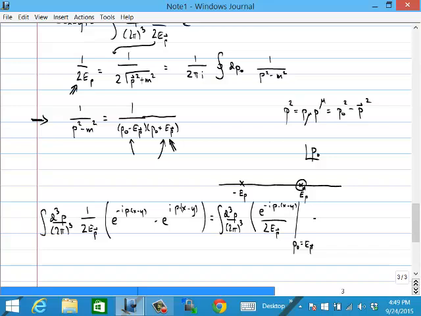But then we can rewrite the other term as e to the i p dot (x minus y) divided by minus 2 Ep, where I've done a change of variables.